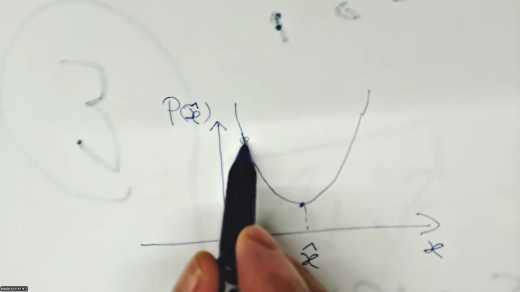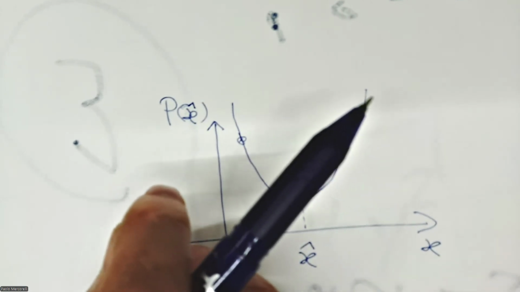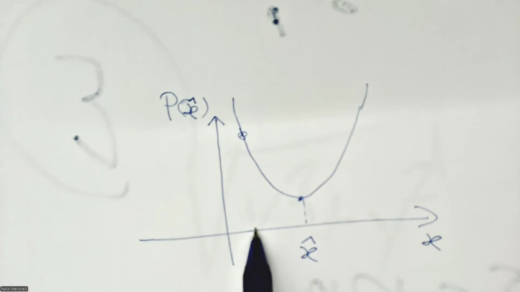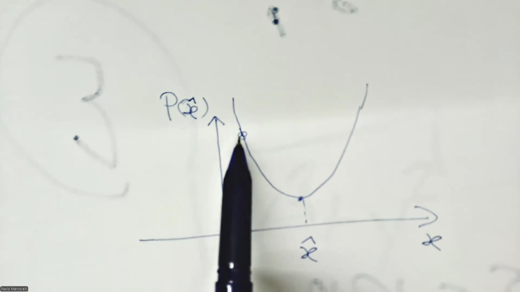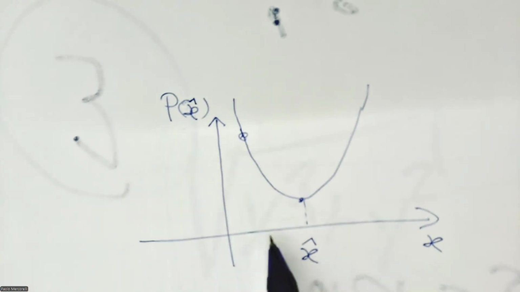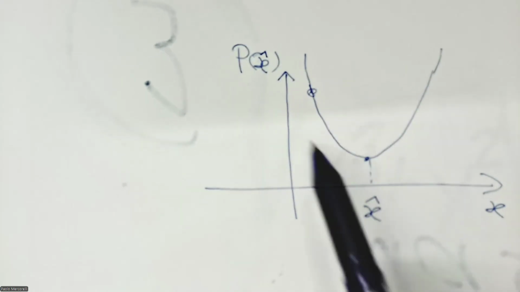Therefore, I told you it doesn't matter where I start. Do you remember I told you that the Kalman algorithm needs to be started with what? With the initial condition of x hat and the initial condition of P. Here it seems that they correspond.